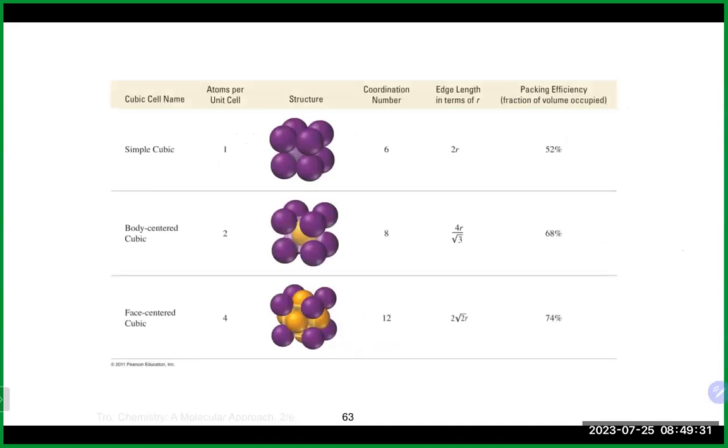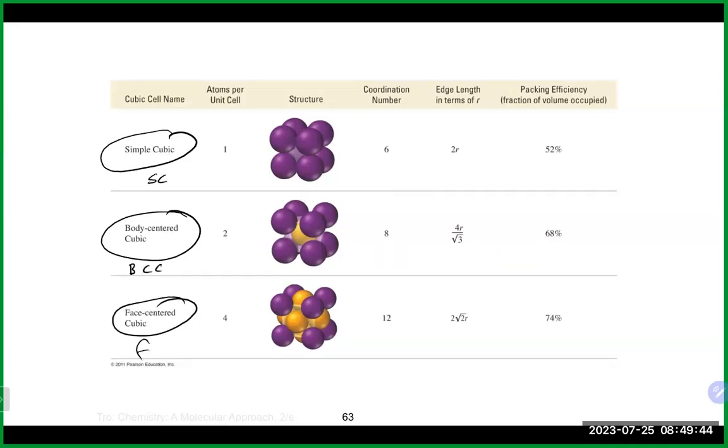There are three types of unit cells that we're going to focus on. Simple cubic is sometimes referred to as SC. Body-centered cubic is BCC. And face-centered cubic is FCC.